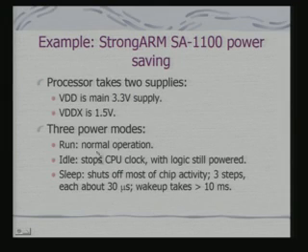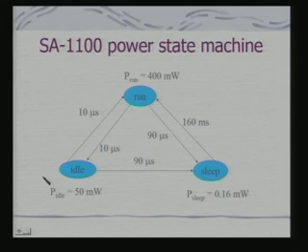Okay. So, these are the 3 modes for the StrongARM. Now, these are also the 3 states. If I talk about the power state machine of the processor, we also have these as states. So, this is the power state machine of this StrongARM. Now, this is run. So, when you run in the normal conditions, the typical consumption is about 40 milliwatt.